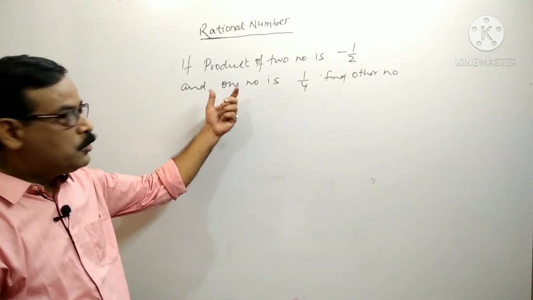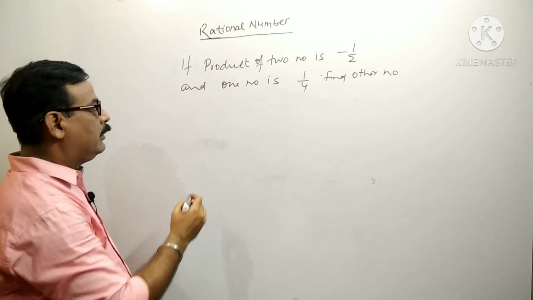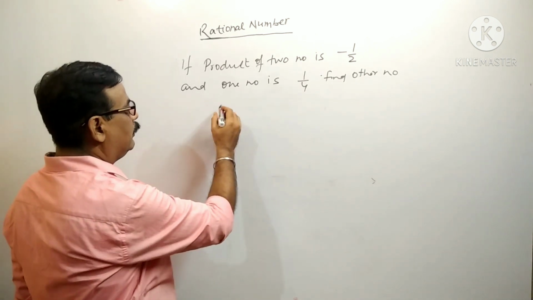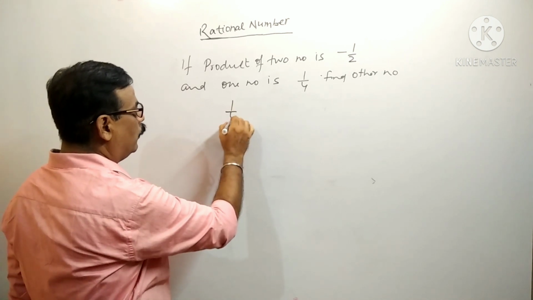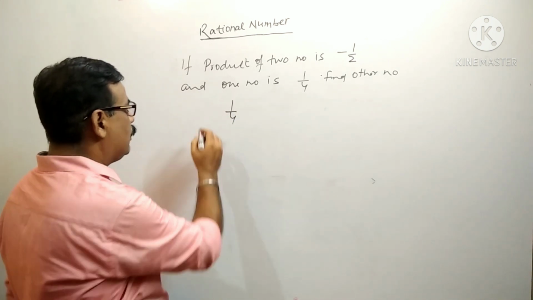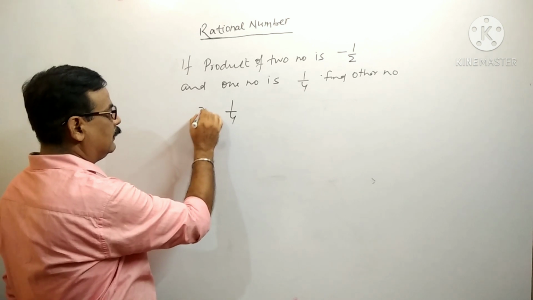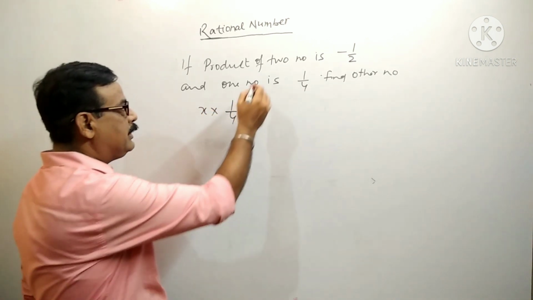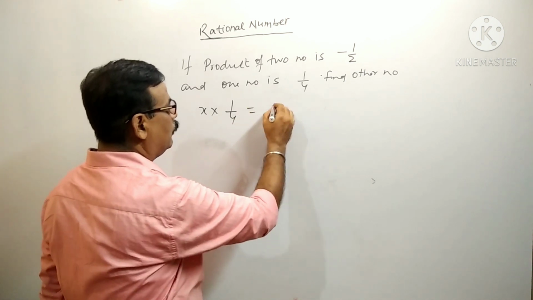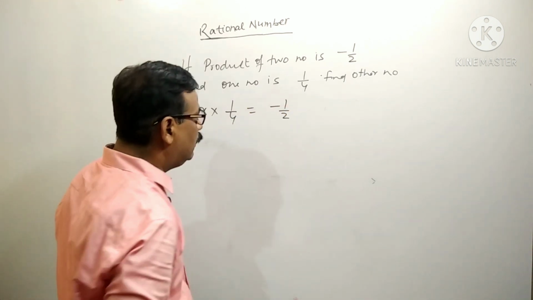So how can you solve these questions? Suppose of the two numbers, one is given as 1 by 4 and the first number is x. So x is multiplied by 1 by 4, which gives as a result minus 1 by 2.